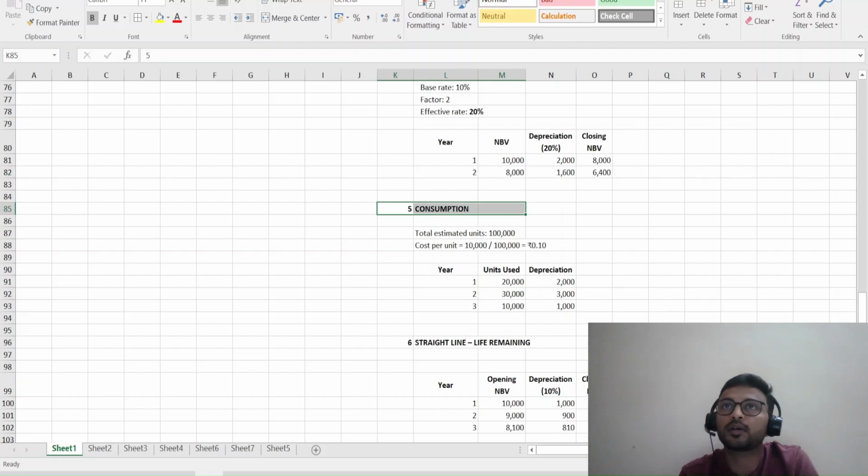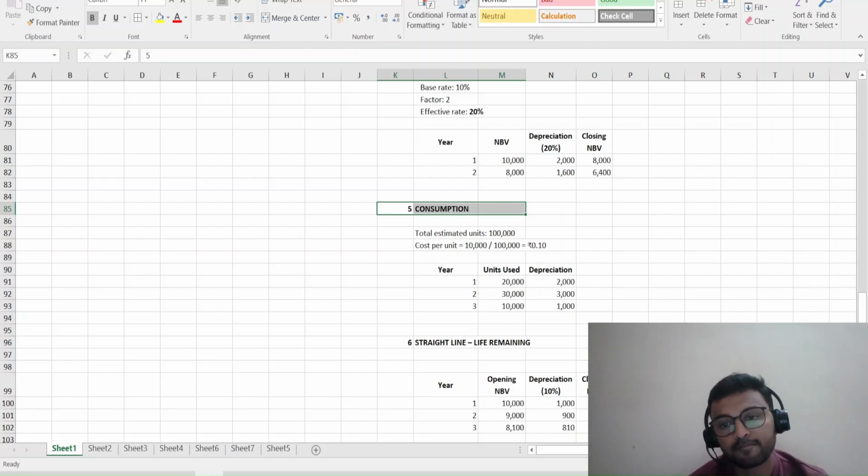My estimated production is 1 lakh units. So I will define the rate of depreciation: my cost of the fixed asset, 10,000, divided by the estimated consumption units, 1 lakh. So my depreciation rate is 0.10, which is nothing but 10%.